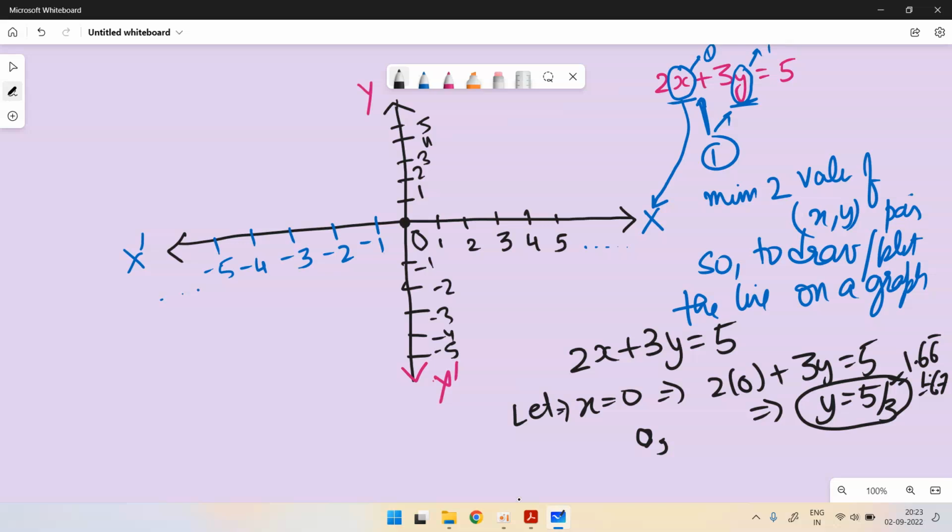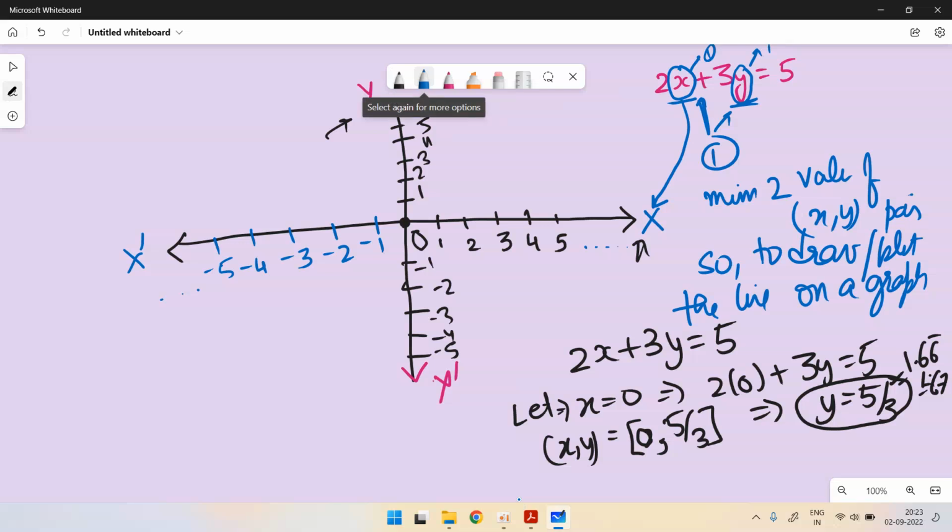Every time, if you are plotting x here and y here, you need to write a pair like x comma y. Always the value of x is the first value, and this 0 comma 5 by 3 is one point. How to represent this? See, when x is 0, y is 5 by 3.